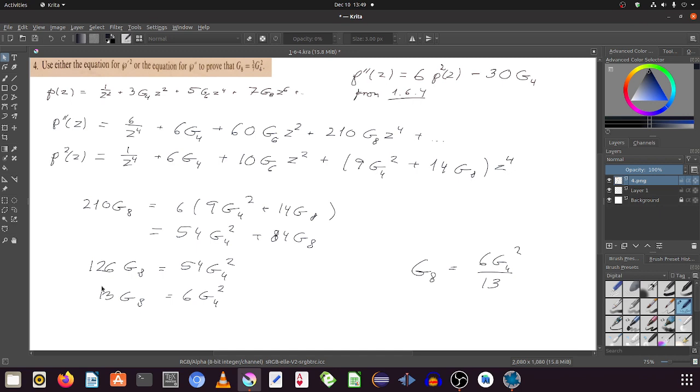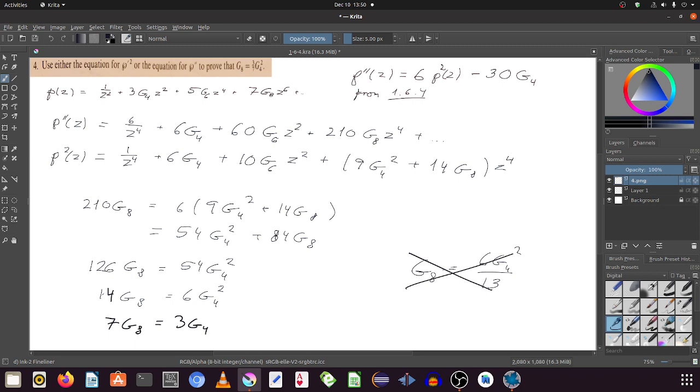This gives 14. So it was a very simple error. 14, so we divide by 2, and then we get the right result again.